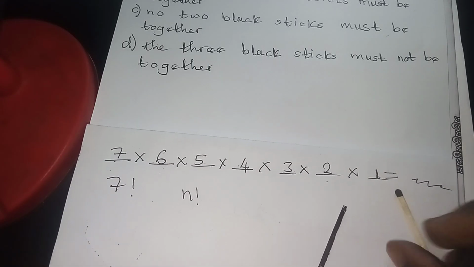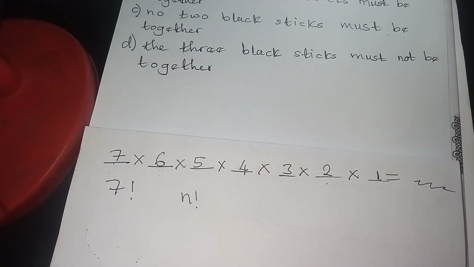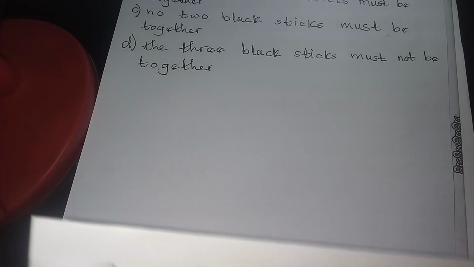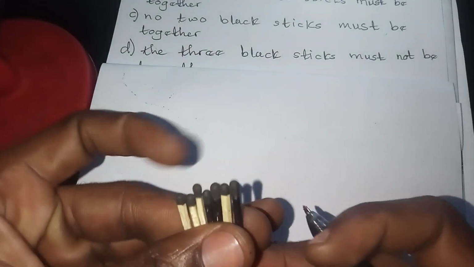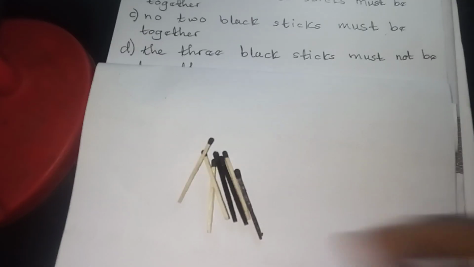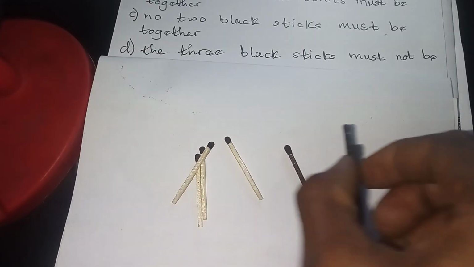So now let's move on to the second part. The second part is saying the 3 black sticks must be together. So if you want the 3 black sticks to be together, then this is what you do. So you can just separate the white sticks from the black sticks.